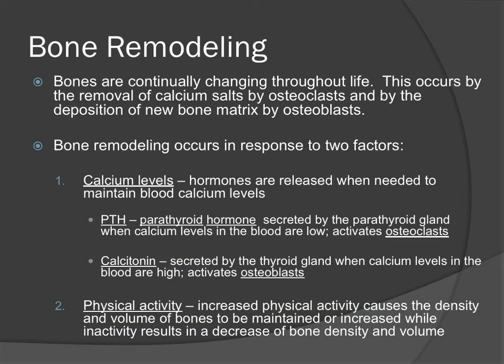All right, bone remodeling. So bones are continually changing throughout life. This occurs by the removal of calcium salts by osteoclasts and by the depositing of new bone matrix by osteoblasts. So bone remodeling is a continuous process of this resorption and formation, maintaining our normal bone mass.